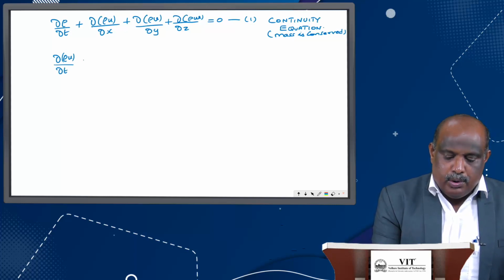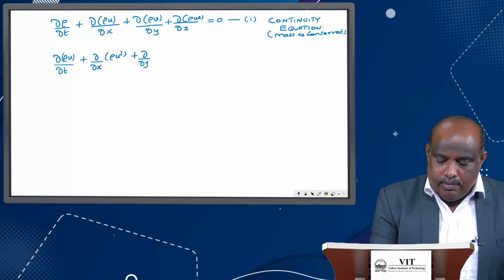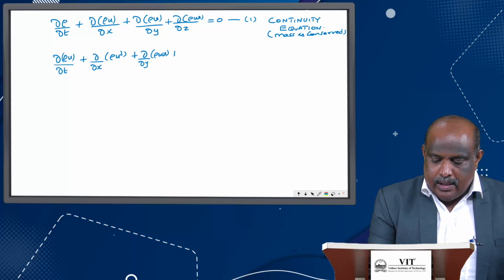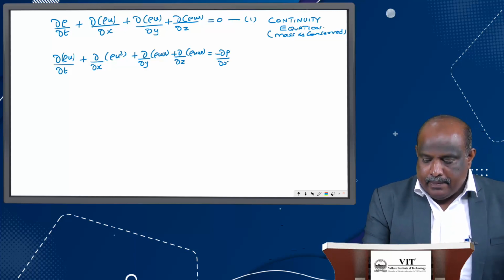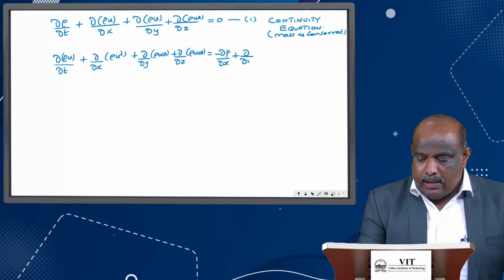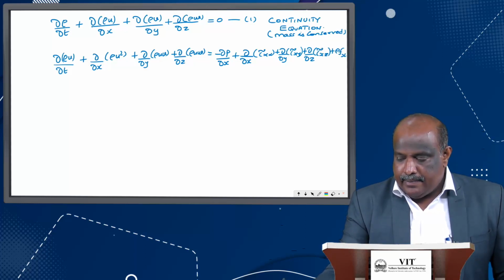Dou by dou t of rho u plus dou by dou x of rho u squared plus dou by dou y of rho u v plus dou by dou z of rho u w is equal to minus dou p by dou x plus dou by dou x of tau xx plus dou by dou y of tau xy plus dou by dou z of tau xz plus rho into fx.